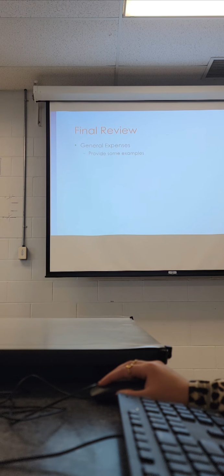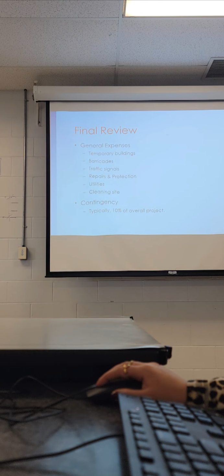Because we're just estimating the home, but you have to barricade, repair the road and curbs, set up a detour, cleaning. All those are typically extra general expenses. Usually they're a lump sum, somebody would just put $10,000 for general expenses, they don't have to work it out. And then they put a contingency cost, about 10%. That's how you capture all the costs.